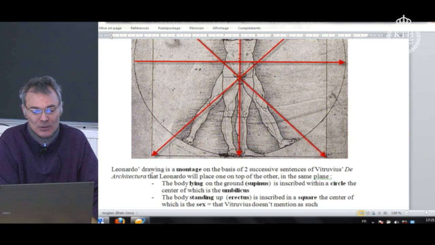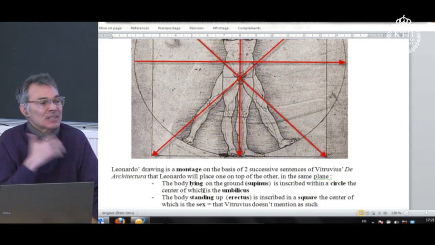Anyway, Leonardo made this drawing as a montage between two successive sentences of Vitruvius' De Architectura. Vitruvius says that the body lying on the ground is inscribed within a circle, the center of which is the umbilicus. That's the first sentence.